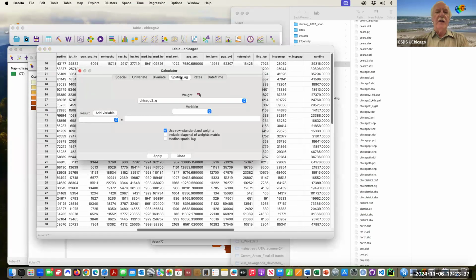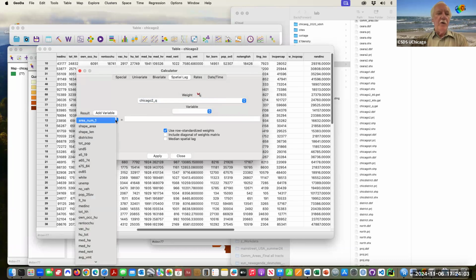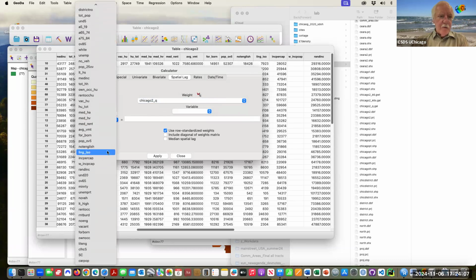If you click on the spatial lag tab, you see the weights. If you go through this list, it gives you all the weights you currently have active, or I should say available. The one with the check mark is the active one. So this is queen contiguity. It's going to look at the immediate neighbors and compute the average. The new variable is this W inc per cap that we had.